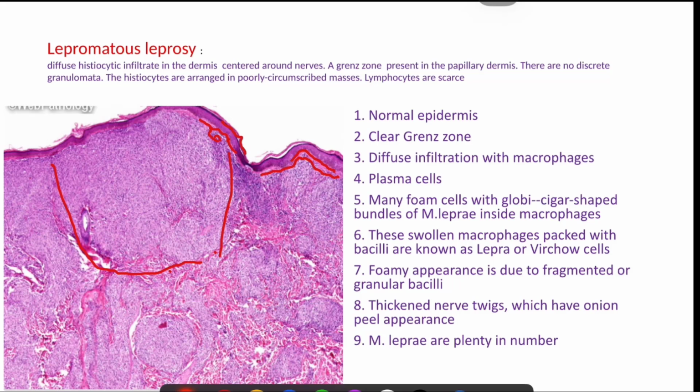Many Mycobacterium leprae bacilli are present within the foam cells with globi or cigar-shaped bundles, and these foam cells are called lepra or Virchow cells, and this foamy appearance is due to fragmented or granular bacilli, nerve twigs which have onion peel appearance.